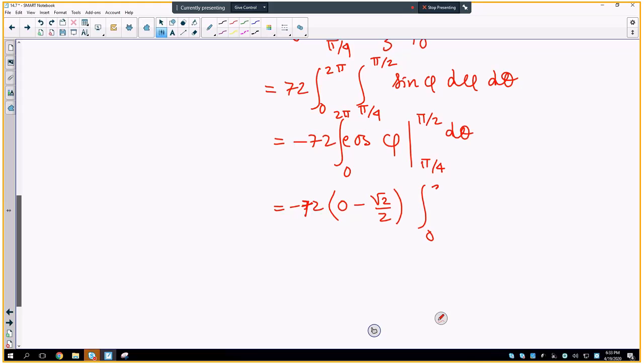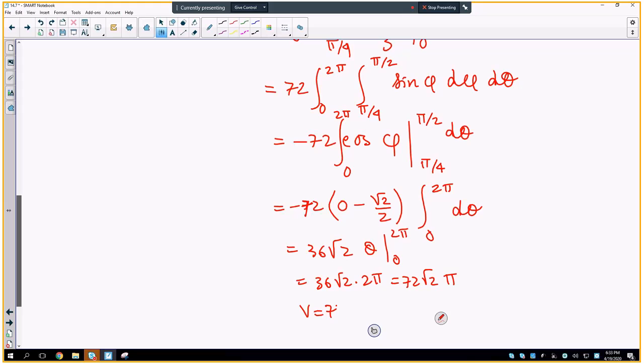Integration 0 to 2 pi, and you are integrating d theta. So I get 36 square root of 2, and integration of d theta is theta from 0 to 2 pi, so I multiply by 2 pi. 36 square root of 2 times 2 pi is 72 square root of 2 pi, and that will be the required volume. So that precisely takes care of the answer in this problem.